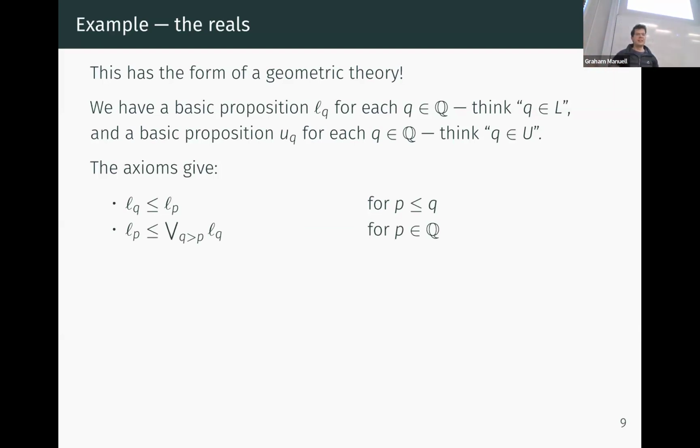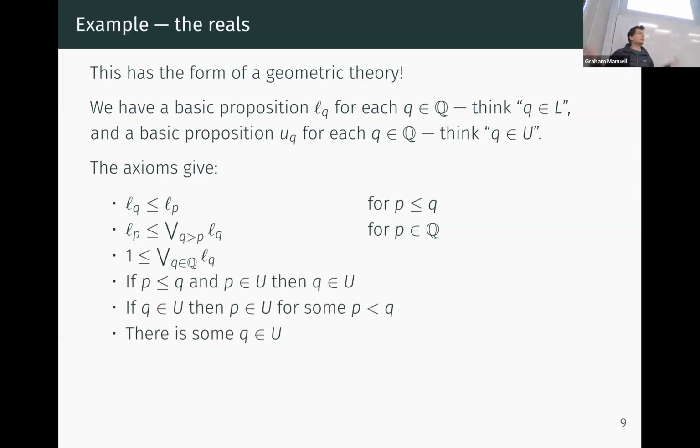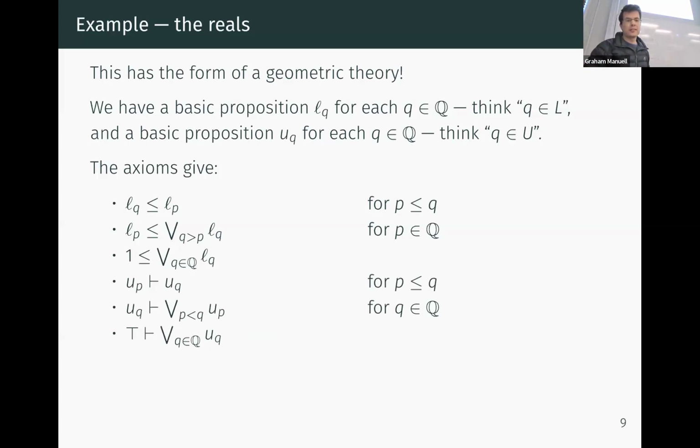And again, we can just write it with a less than or equal to, and we get what we need for a frame presentation. There is some Q in L. That means true implies that if you take the join over all LQ, one of them should hold. So that just means one is less than or equal to this join. And then you can do the same things for the upper bounds, right?